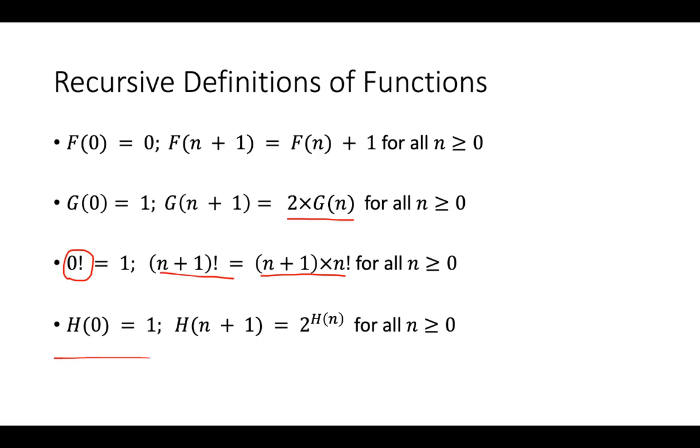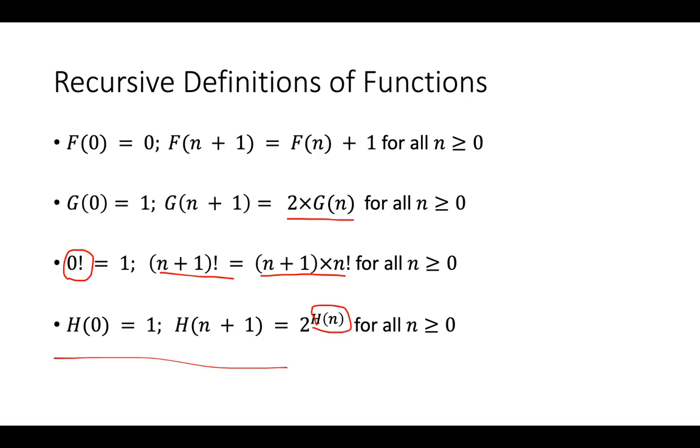And this is another sequence. It is kind of a harmonic sequence. H of 0 is 1. H of n plus 1 will be 2 to the h of n. So this will be like this.